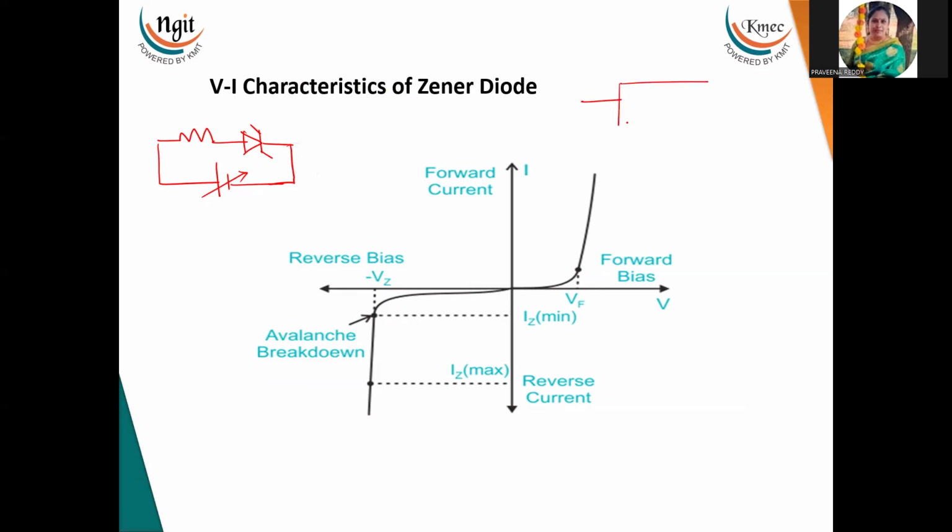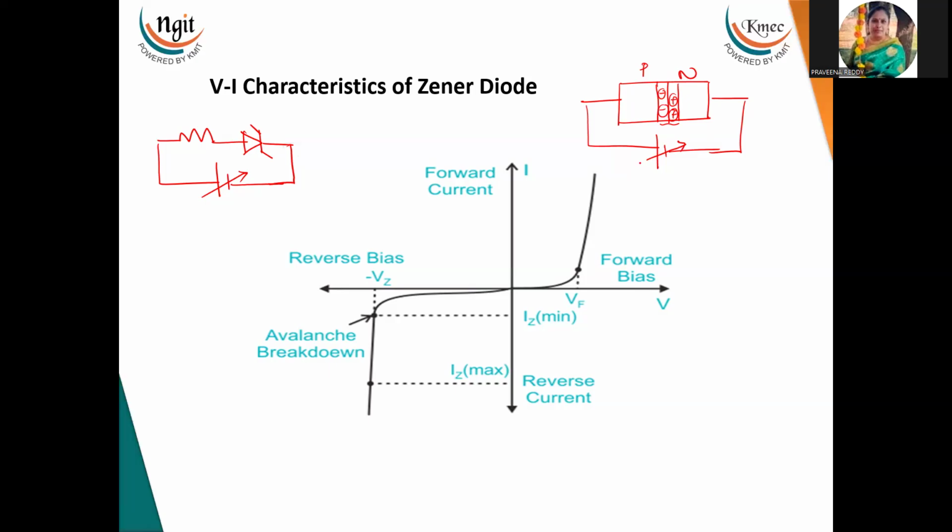Now we try to analyze the operation. Here this is the P material and this is the N material. A junction is formed, and after that a depletion region also forms, as we have already discussed in the PN junction. The depletion region offers some potential: negative ions are formed here, positive ions here, and it offers some electric field.